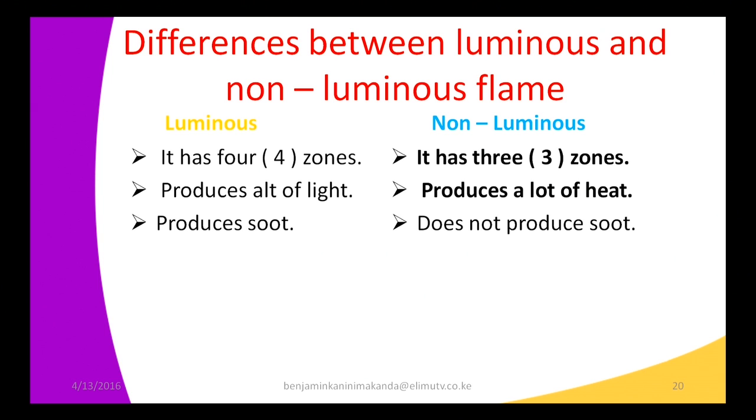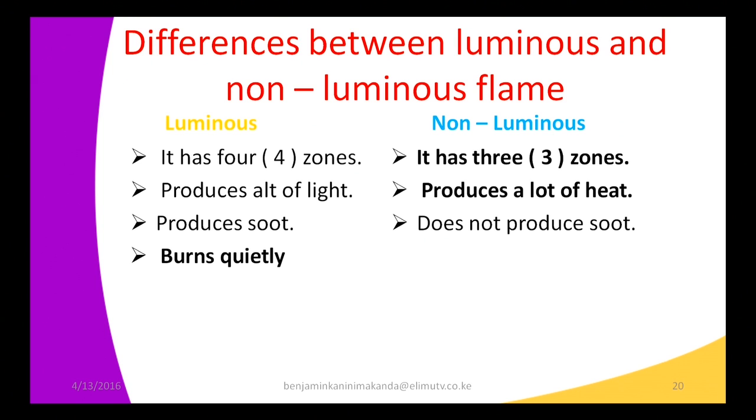You can also do the same with the flame from a burning gas, maybe a gas used for cooking. Just above the flame, carefully, you realize that your hand will not be made dirty. This is because the gas produces a non-luminous flame that does not produce soot, while the candle will produce a lot of soot.